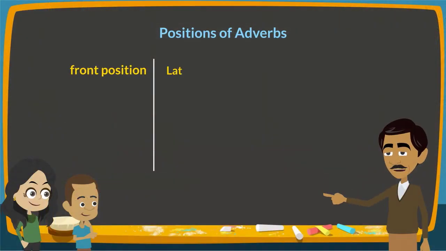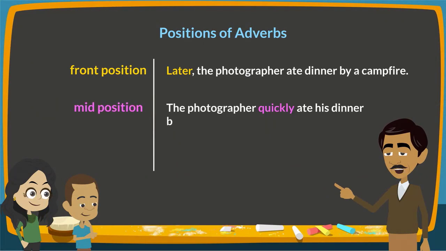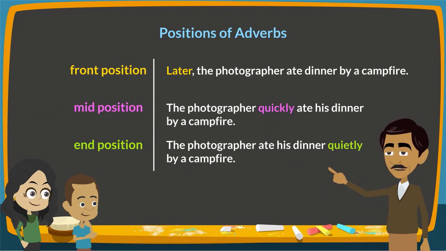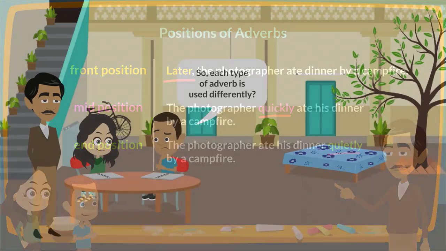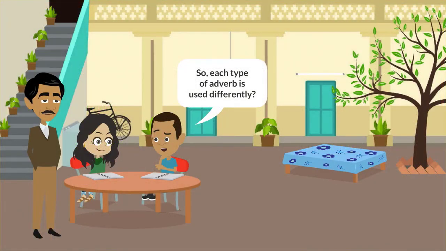When we say front, mid, and end, we mean in relation to a sentence or clause. An adverb can come at the beginning, in the middle, or at the end of a sentence depending upon what type it is. So each type of adverb is used differently?